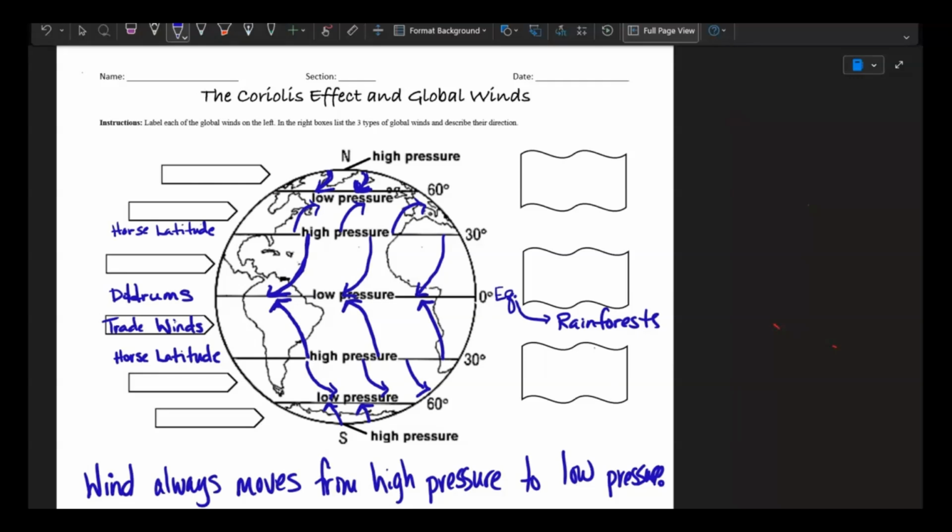This was hugely impactful during the Age of Exploration because these were the winds that the sailors and the traders used to move across the ocean. And they would move into the Caribbean, come to the Americas from Europe and from Africa. And then in the Pacific Ocean, you would see similar movements. So these are called the trade winds, both above and below the equator.